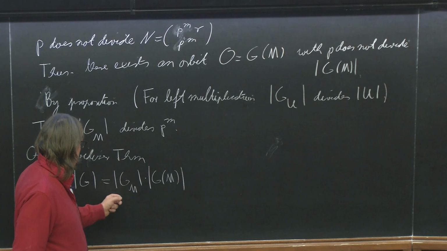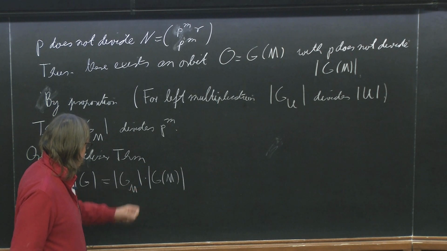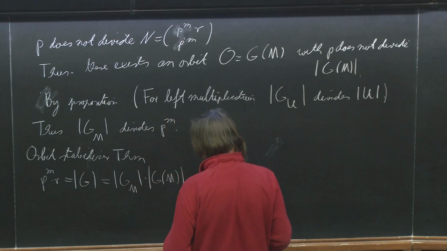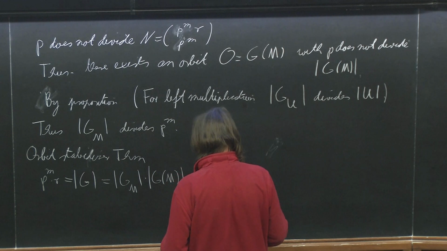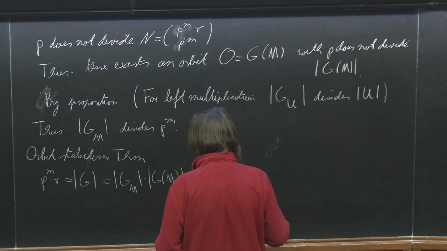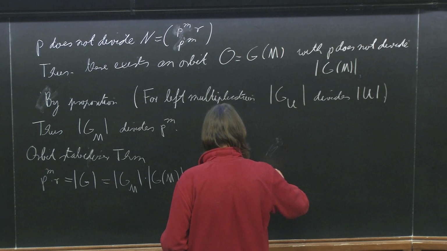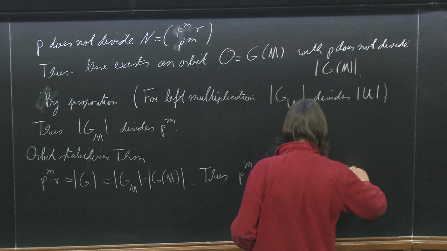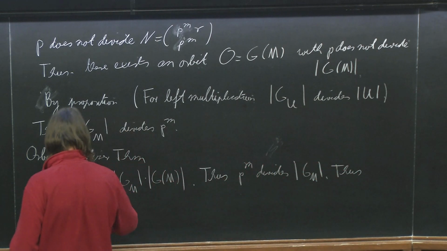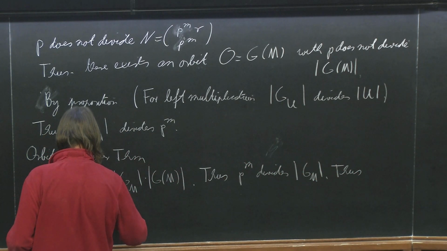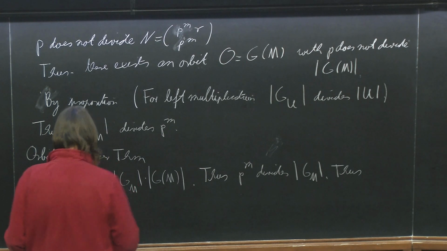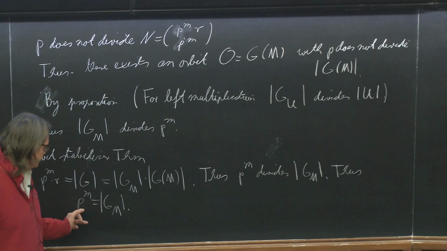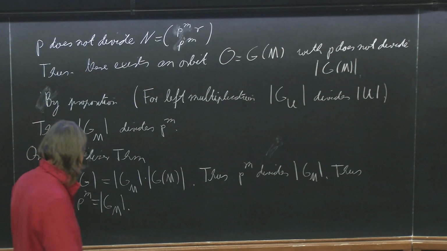So the only possibility is that the number of elements in this stabilizer is P to the m. And so we have found a subgroup of G, namely the stabilizer of the set M, which has P to the m elements, so a P-Sylow subgroup.